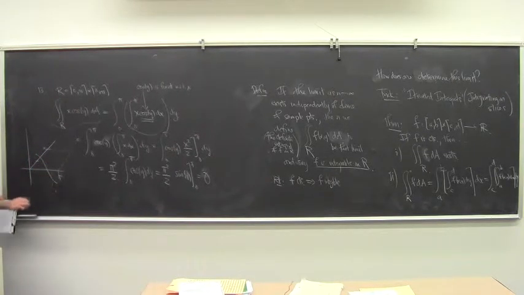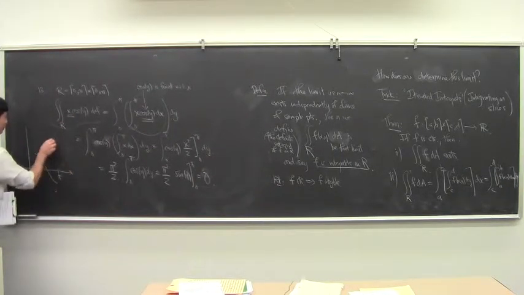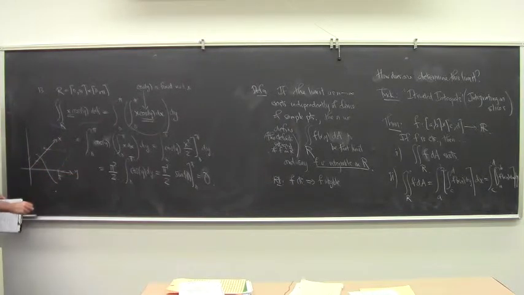Then you're taking that cosine function and multiplying it by x. Sorry, let me call this x and this y, because that's how I'm drawing it. So as y goes from 0 to pi, the cosine goes like this.